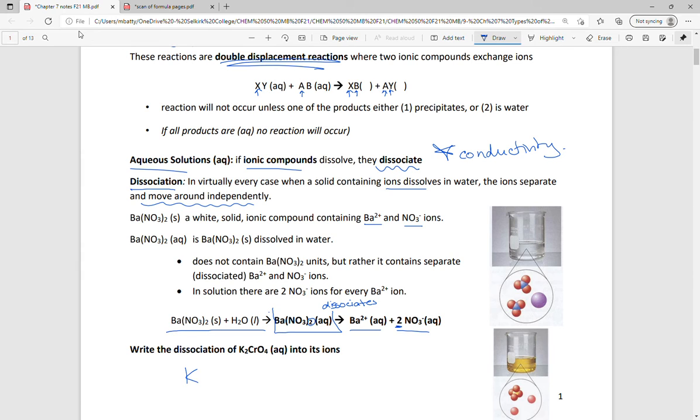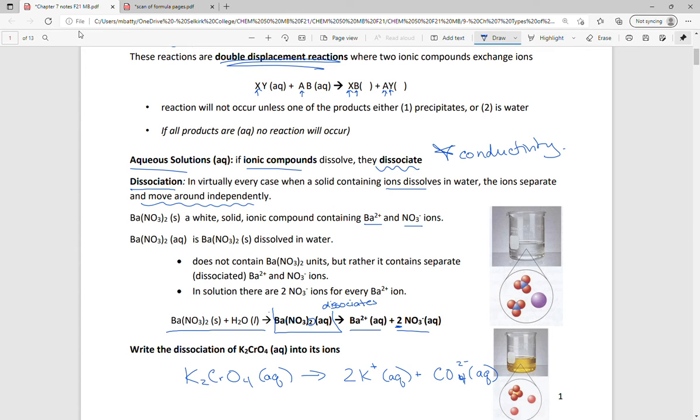So if we were to do the same, K2CrO4, so that's potassium chromate, aqueous, will dissociate into 2 potassium ions in solution, so that's why the aq is written after, and the chromate ion, 2-, that's a 4, sorry, not a 9, in solution.